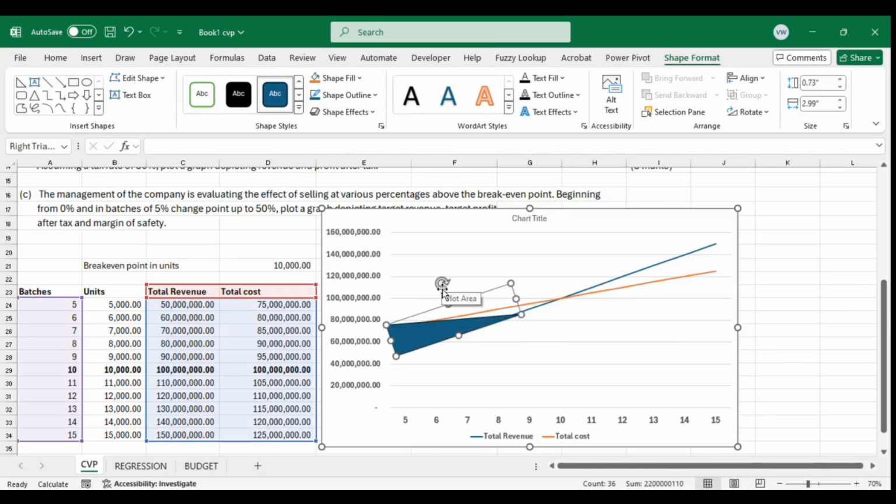We can use shapes to show the loss-making region. Then let's try to insert it there. We can resize it so that we don't interfere with the two lines.